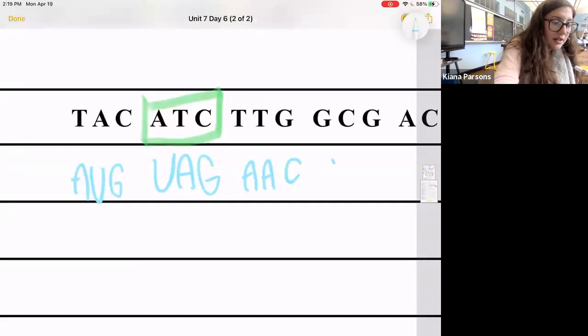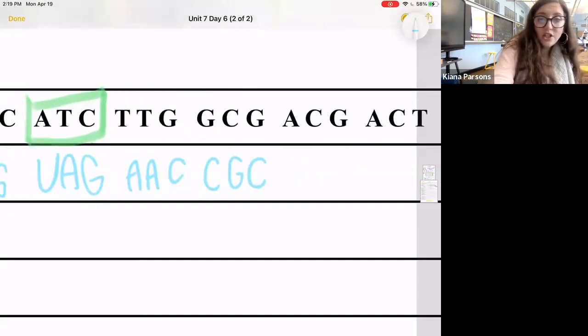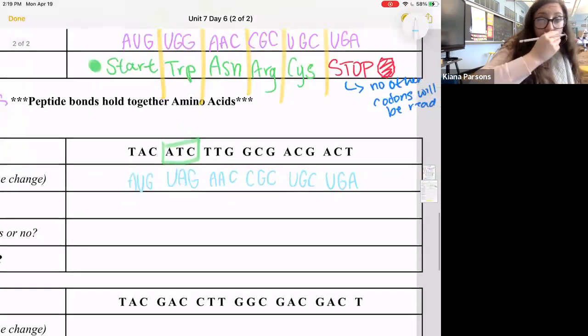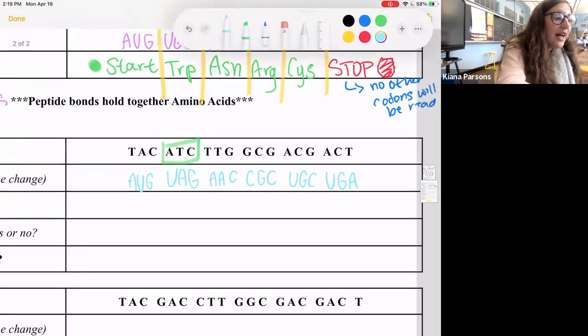GCG, CGC. ACG, UGC. ACT, UGA. All right, so if you go and look at the amino acids, you will find that we started with the start.